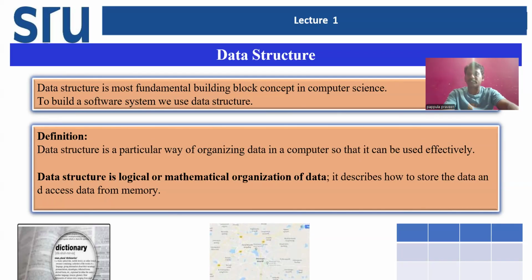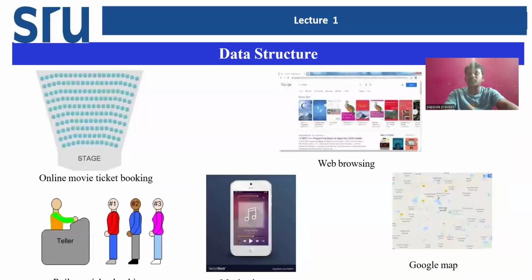It is a logical or mathematical organization of data. It describes how to store data and access data from the memory. To store the data, we have to use some operations.